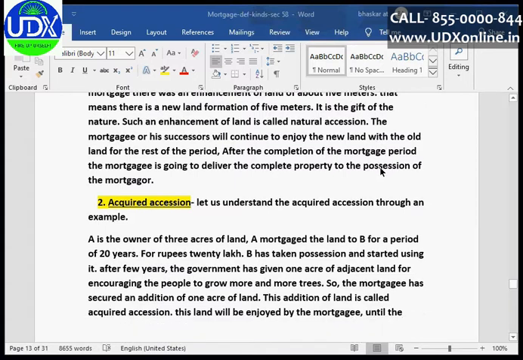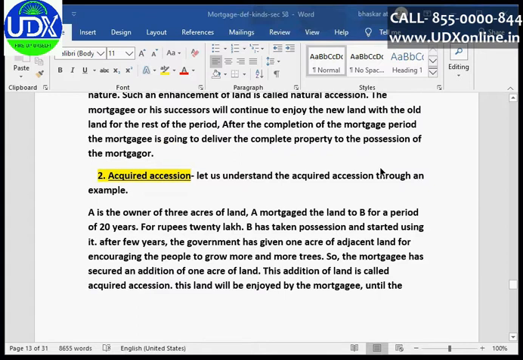Acquired accession, that day I told you that when the land is there, maybe the government may give additional land, maybe some 10 meters or 20 meters, and the government may tell you, please grow trees here. So anything that has been given by the government to the existing immovable property, the existing mortgaged property, is called acquired accession.